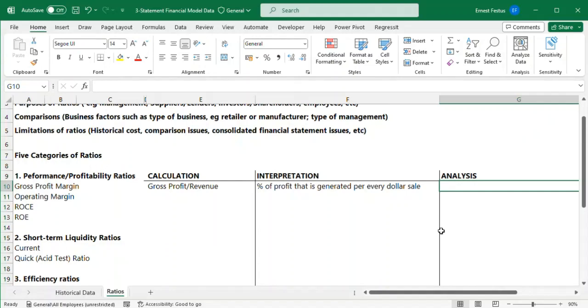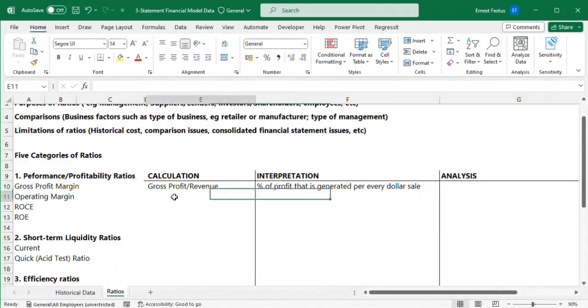So with revenue, for instance, we talk about selling price, we talk about advertising. If the gross profit margin is increasing, perhaps the business is undertaking advertising campaigns that are increasing the sales base of the business, and hence it has increased the revenue, which translates into higher profits, and hence the gross profit margin would increase. So this is how we analyze financial ratios.